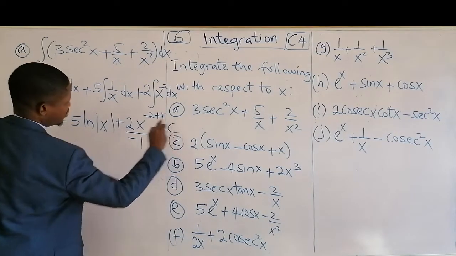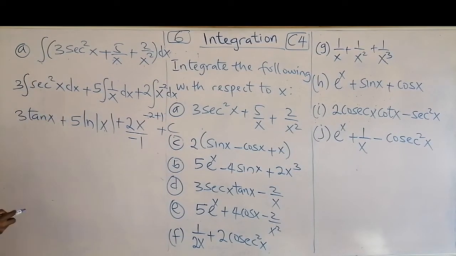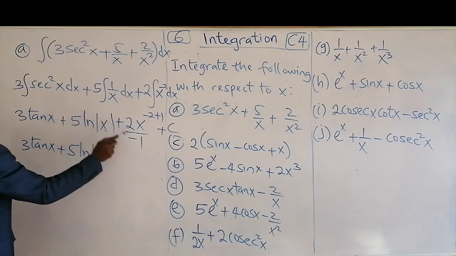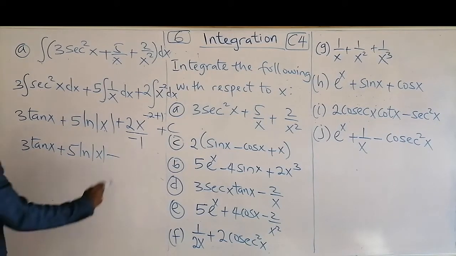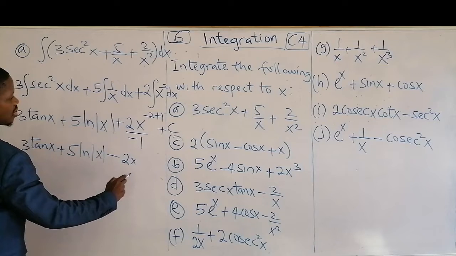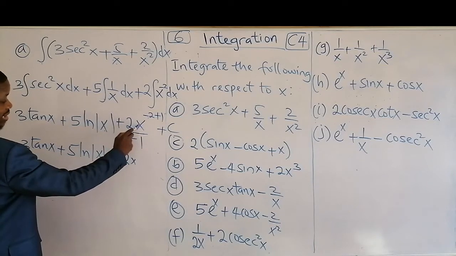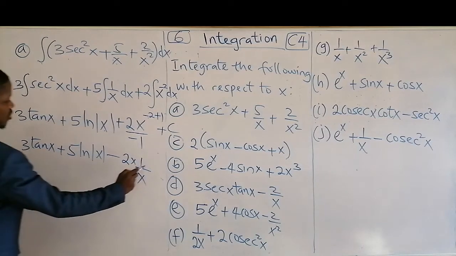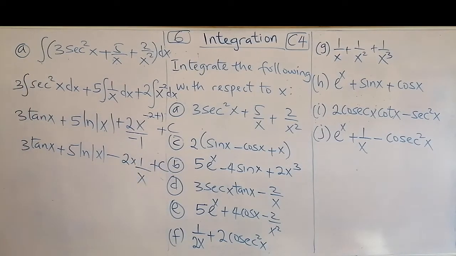Then you put your constant of integration. So on the final note, we're going to have 3 tan x plus 5 ln |x|, then minus 2 times x to the power minus 1, which is 1 over x, then plus c. So that's that on that question.